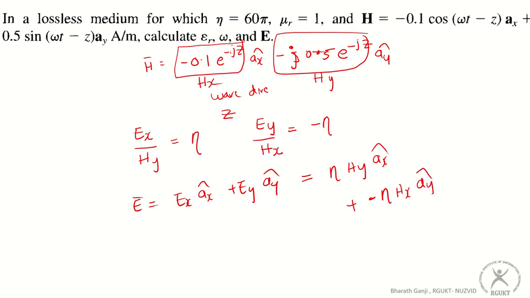We calculated eta; in fact, eta is given here, it is 65. So you have the H_y component and H_x component. You can substitute there, then you will get the electric field answer in phasor form. To convert it back to time domain, you simply multiply it with e^(jωt) and take the real part of it. This is another way of solving this problem.